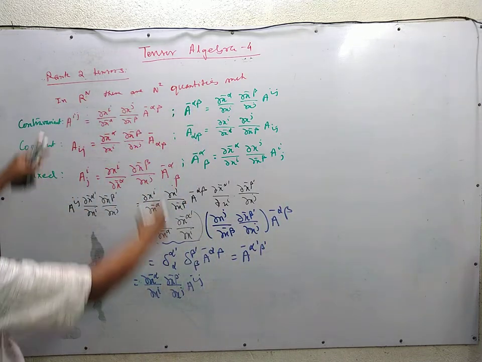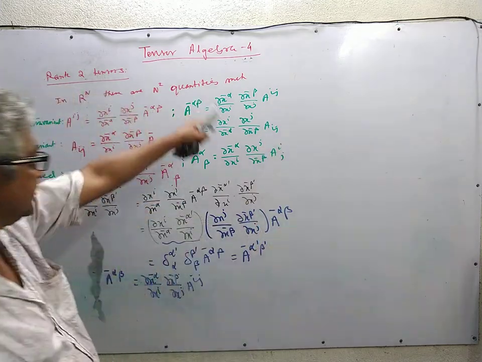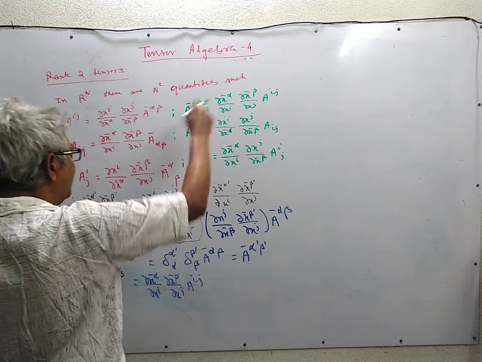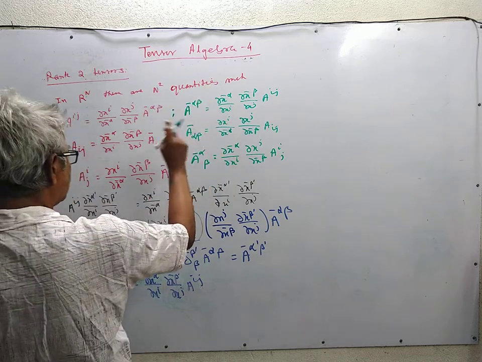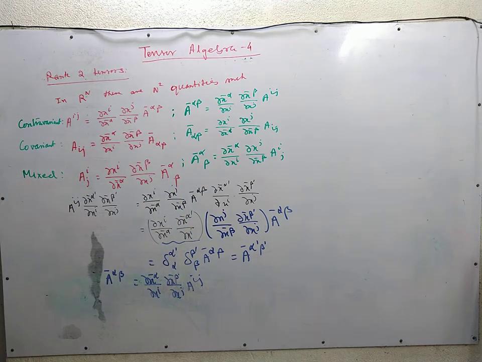So these are the transformation relations and these are the inverse transformation relations. I have obtained this relation from this. You can find out this relation starting from this and this from starting from this. So these are the three types of tensor of rank 2. Note that a tensor of rank 2 has exactly n square components.